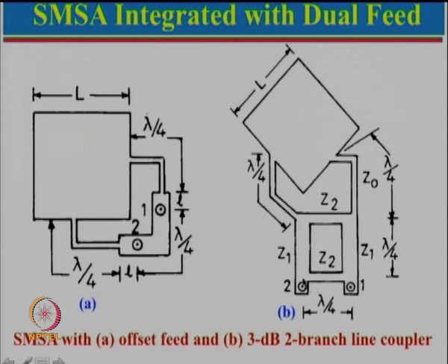There are two paths from here to here. The two paths are one here which is lambda by 4, lambda by 4. Now, each lambda by 4 gives phase difference of 90 degree. So, this is 90 and 90, 180 degree. This path also travels 90 degree, 90 degree, 180 degree. So, the two paths get added up. So, we get some power here.